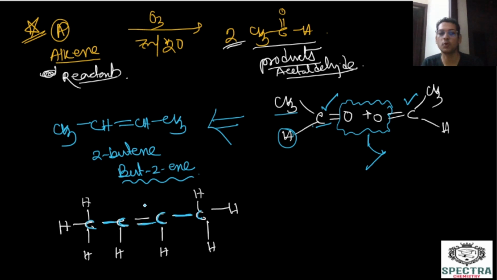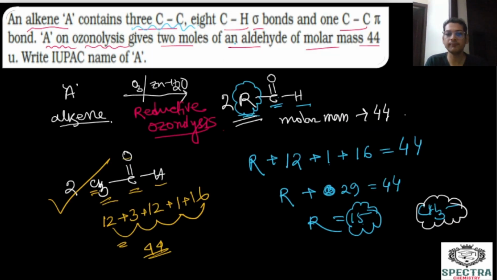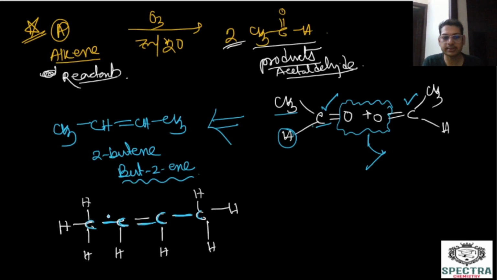So that is matching. Then 8 CH sigma bonds. So this bond was sigma, this bond was sigma, and this bond was sigma. Now 8 CH: this is 1, 2, 3, 4, 5, 6, 7, 8. This is also matching very beautifully. Everything will match. We don't need to worry.